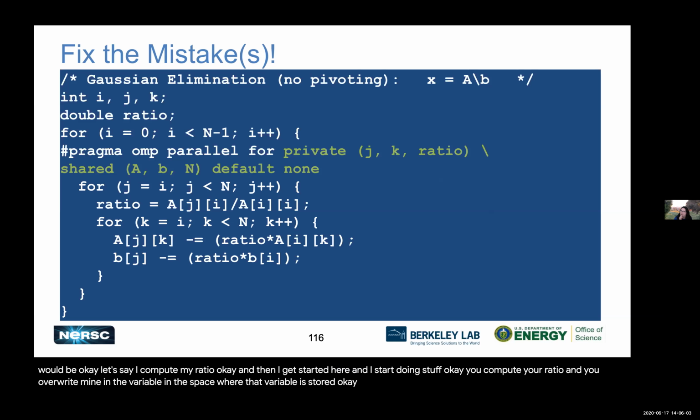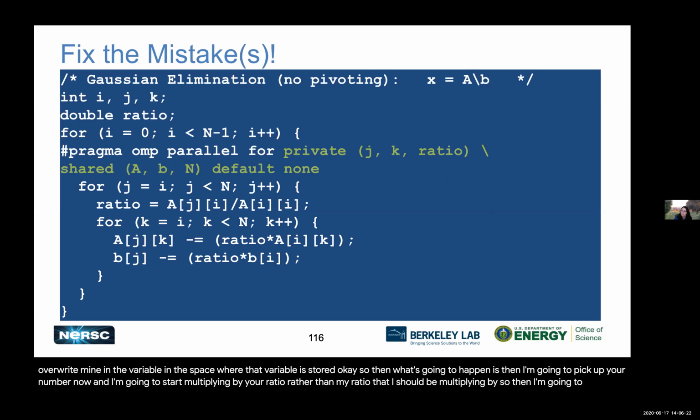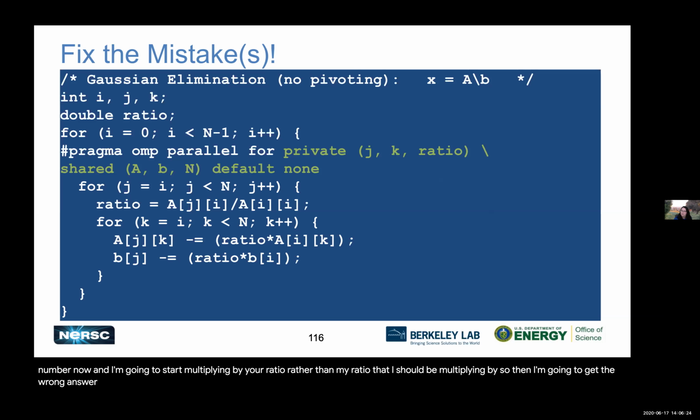So then what's going to happen is I'm going to pick up your number now, and I'm going to start multiplying by your ratio rather than my ratio that I should be multiplying by. So then I'm going to get the wrong answer. Okay. That makes sense? Got it. Yeah, no, that makes perfect sense. Okay, cool. Thank you.